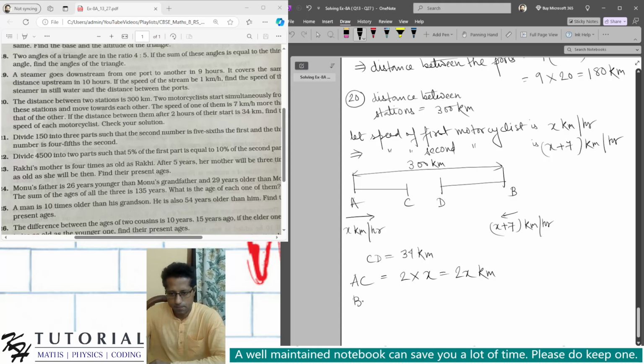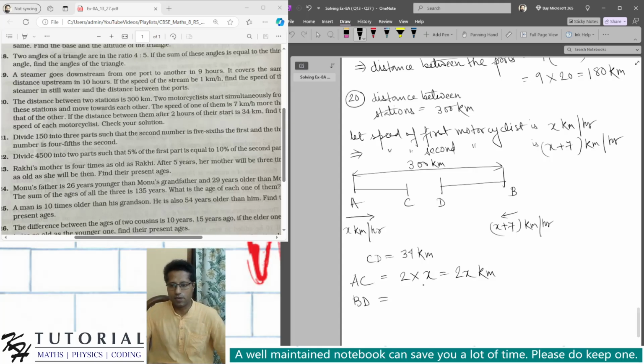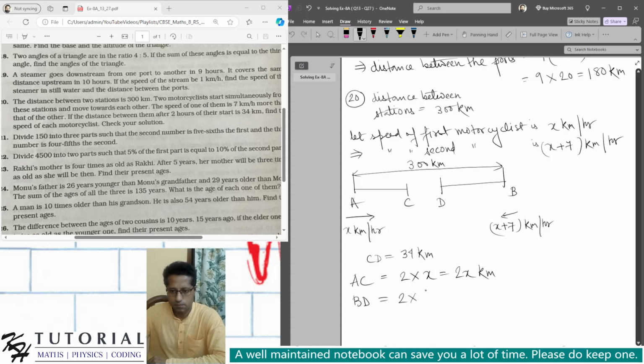What is BD? BD will be the distance covered by the motorcyclist running at a speed of x plus 7 kilometer per hour in 2 hours. So it will be 2 into x plus 7, that is twice of x plus 7 kilometer.